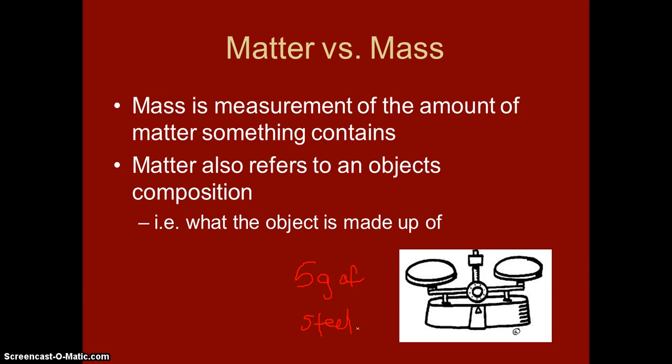Okay? That would be matter. If all I said was that I have 10 grams, well, that's just its mass. So we're looking at the difference here. This would just be the mass, and then this would be matter, because we refer to, again, the composition, the steel.